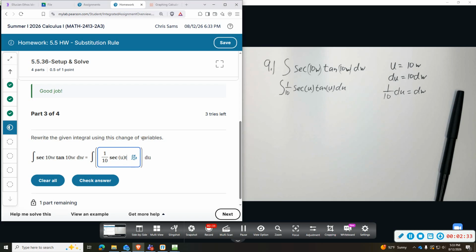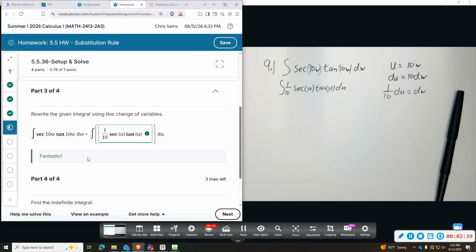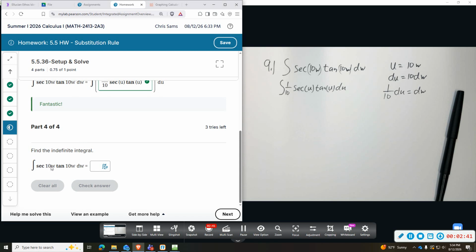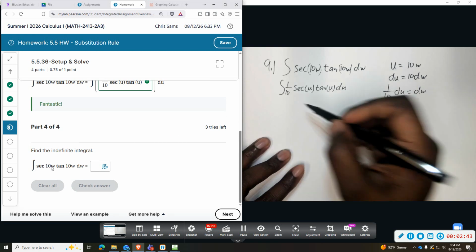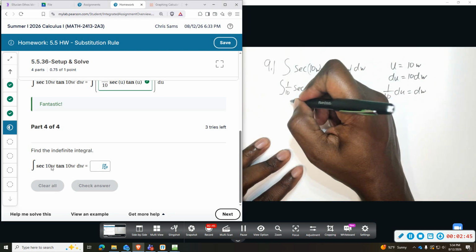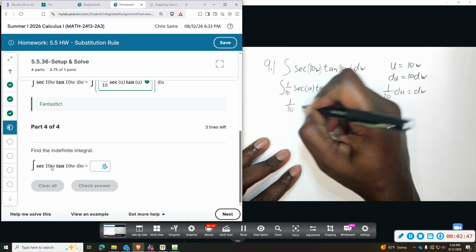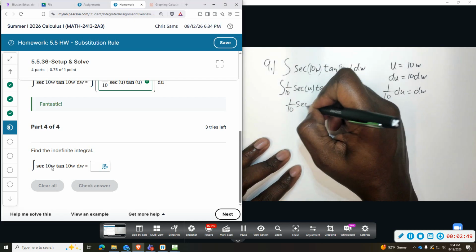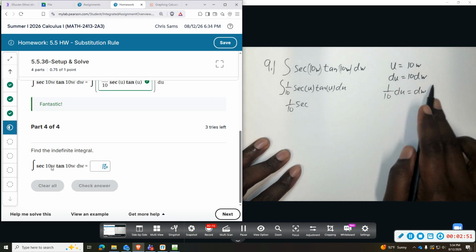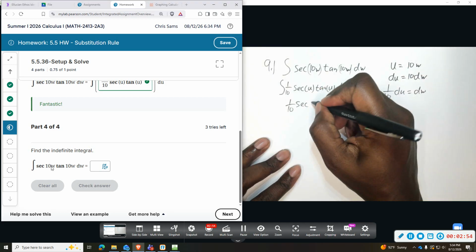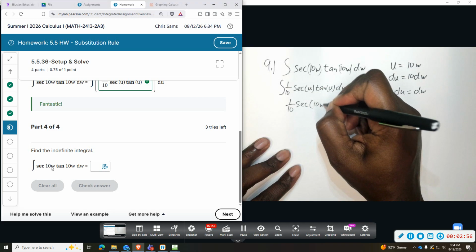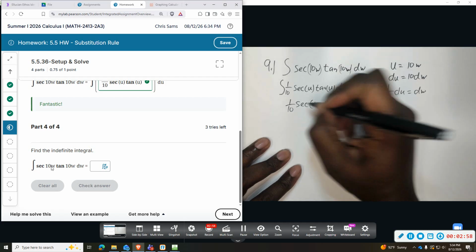Secant u tan u. And then the integral of secant u tan u was just secant, so we have 1/10 secant. Now instead of u, we'll put the 10w back, plus c.